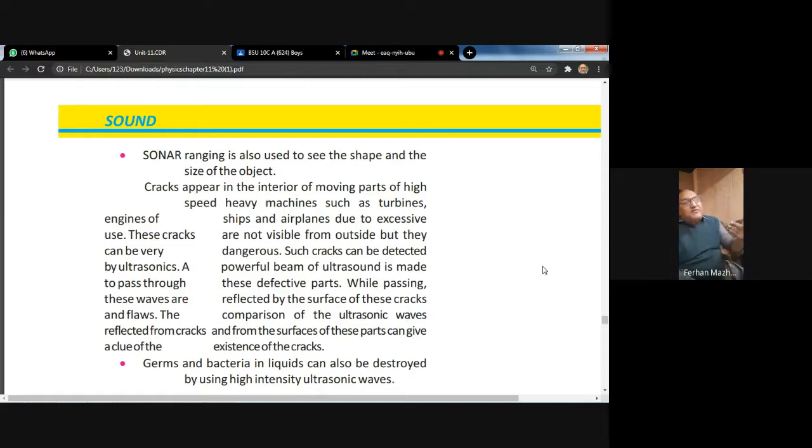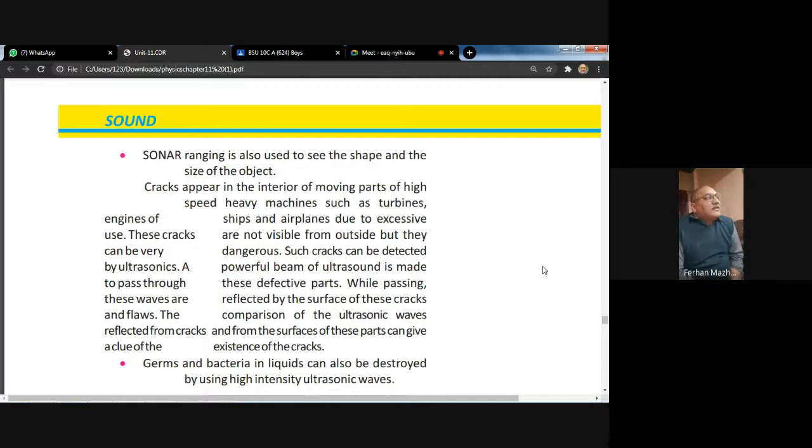For example, if you have a sealed aeroplane engine and there is a crack inside its cylinders, you obviously cannot see the crack from outside. So after some flights they do an ultrasound of the engines, and if there is a crack inside they will be able to see it by ultrasound.